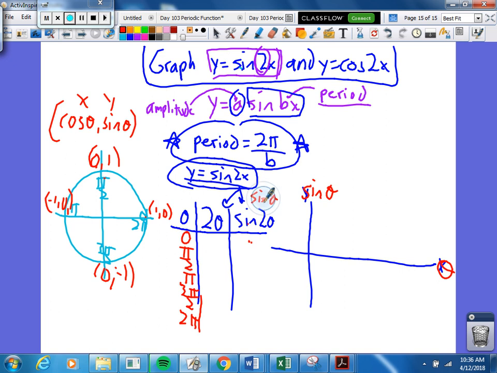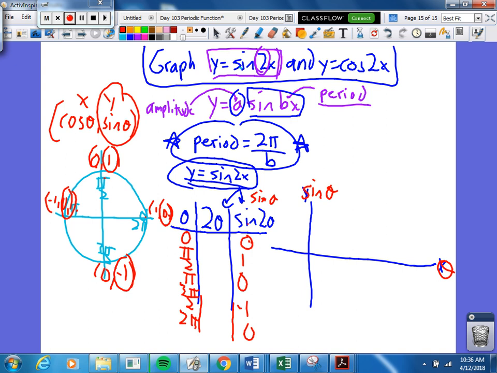So if I imagine this is sine of theta, that's the y, isn't it? So that's 0, 0. Pi over 2, 1. Pi is 0. 3 pi over 2 is negative 1. And 2 pi is 0 back there. Okay. So there we're at.